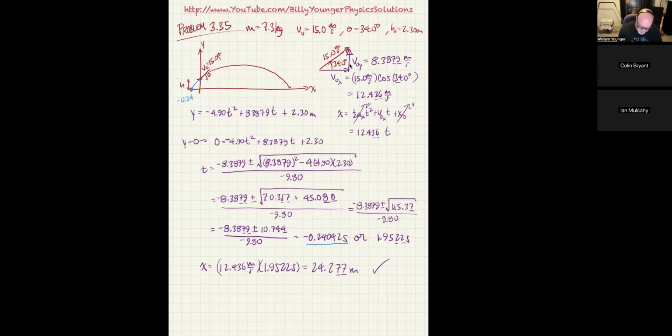So the form, by the way, is just a times x squared plus b times x plus c equals zero. That implies x is equal to the negative of b plus or minus the square root of b squared minus 4 times a times c, over 2a.